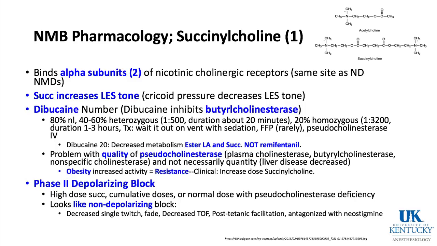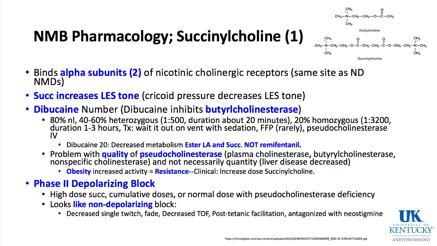Let's look at succinylcholine in detail now. Succinylcholine is 2 molecules of acetylcholine back to back, as demonstrated in the top right graphic. Succinylcholine binds the 2 alpha subunits of the nicotinic cholinergic receptor postjunctionally. This is the same site that non-depolarizers like rocuronium bind to. Sux increases lower esophageal sphincter tone.